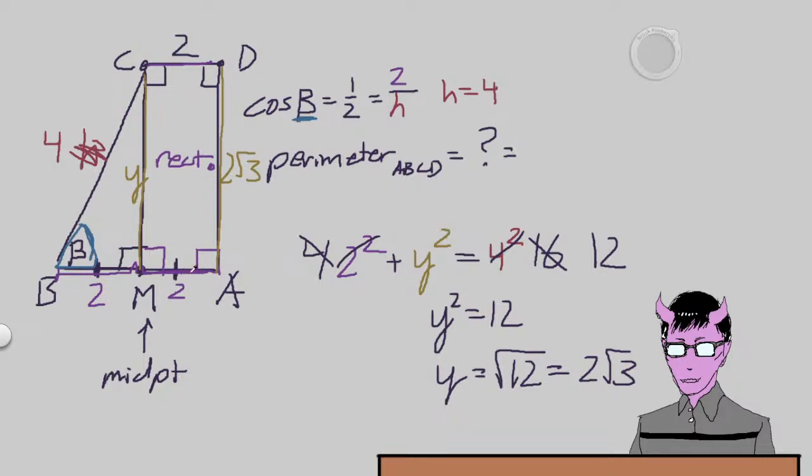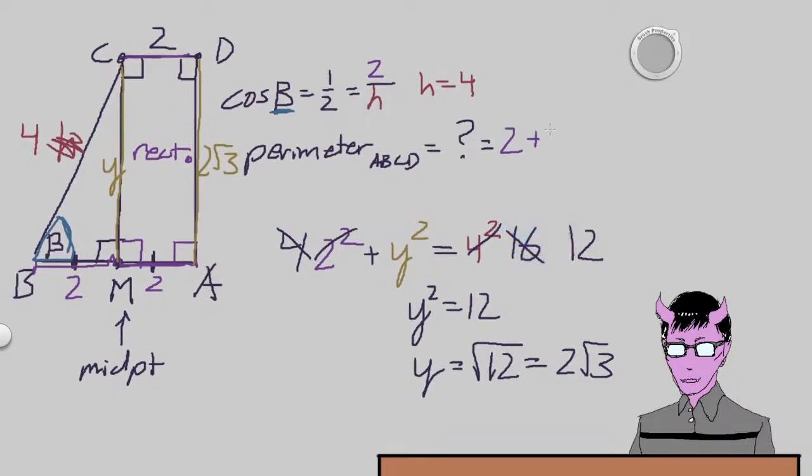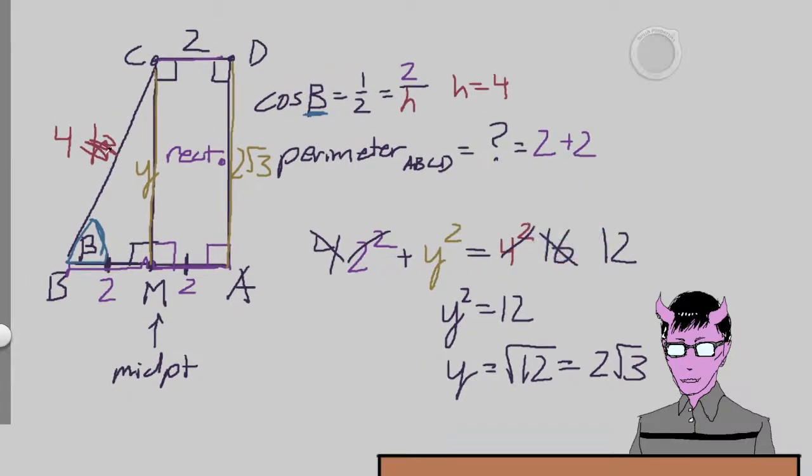Let me use the colors. So we have 2 plus 2. And then we have the hypotenuse of the triangle, which is 4. We have the given side, which is 2 up there. And then we have the final side that we figured out, which is going to be 2 root 3.